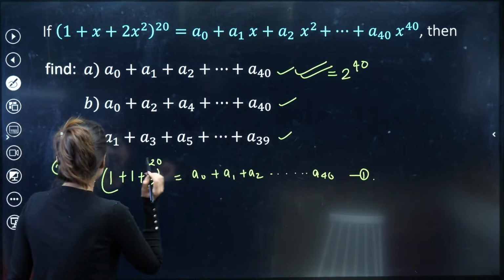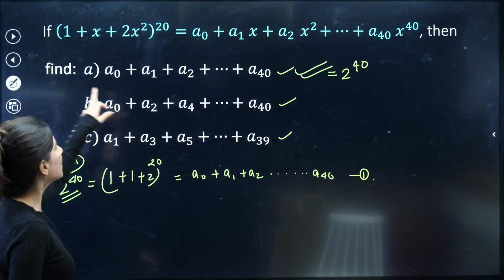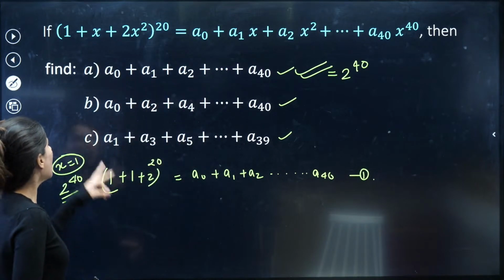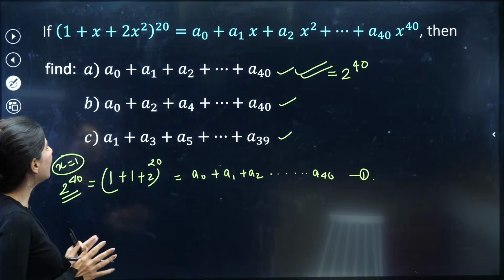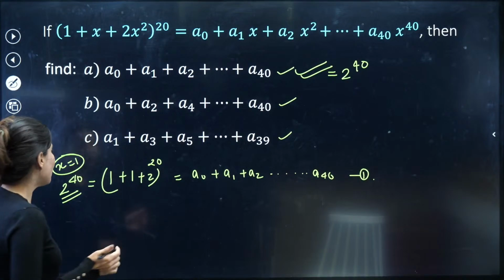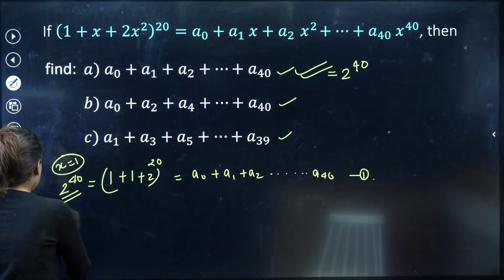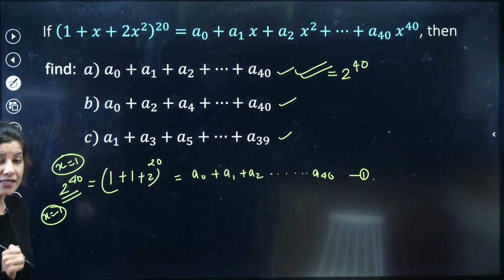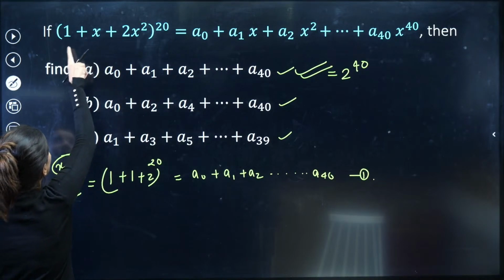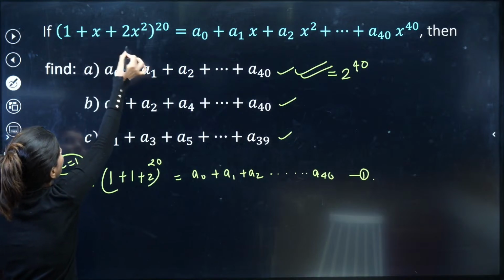Okay. So yes, x equals 1, the moment you put x equals 1, you get this. Now how to obtain option B? You have to eliminate A1. For that you have to put x equals minus 1 and add. So put x equals minus 1. So 1 minus 1, this is gone, and this is 2.